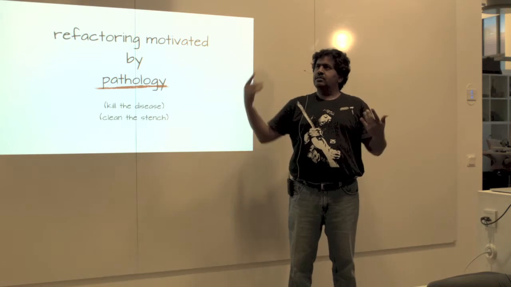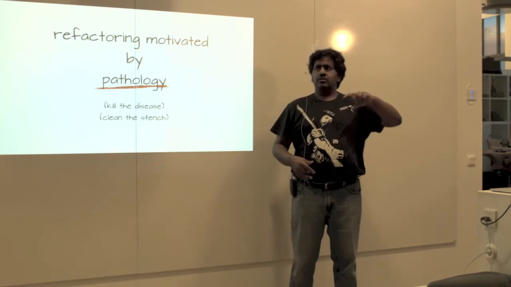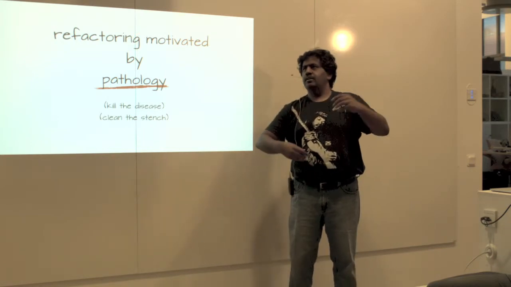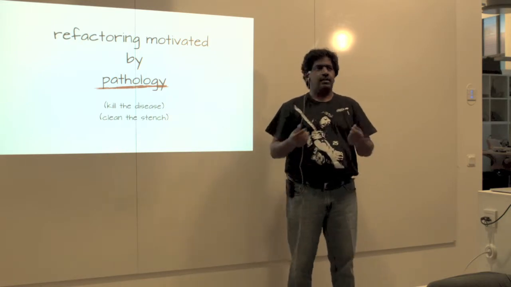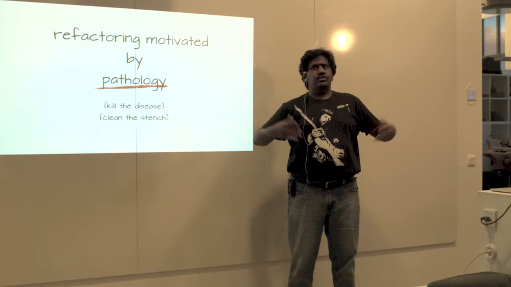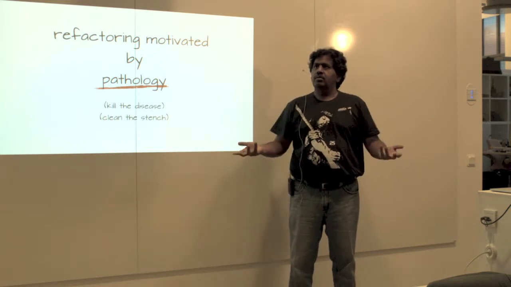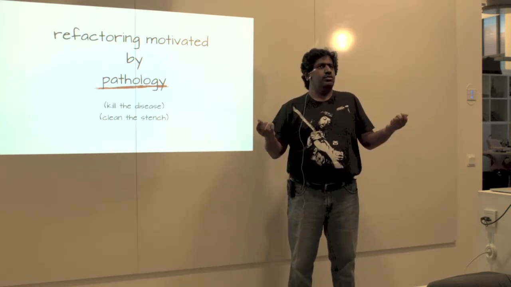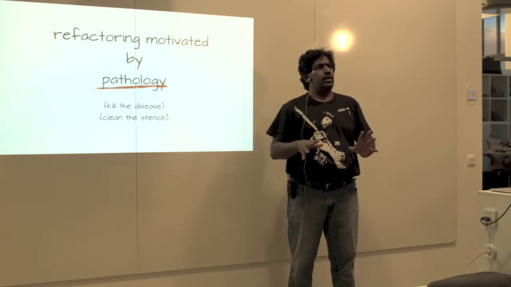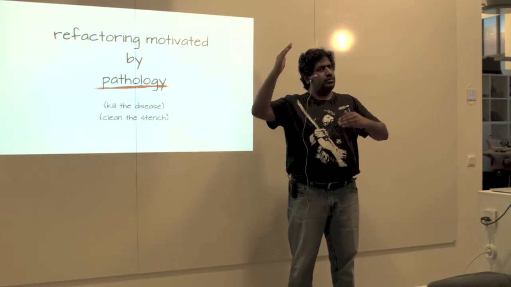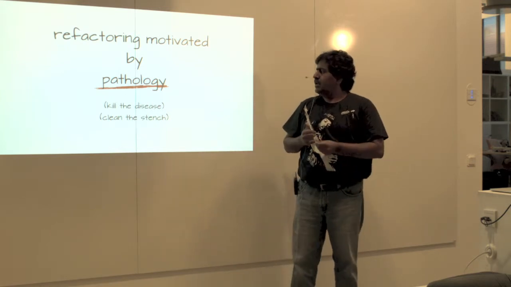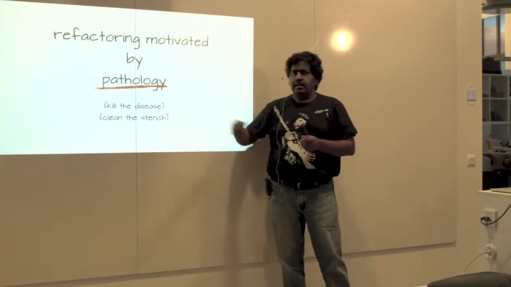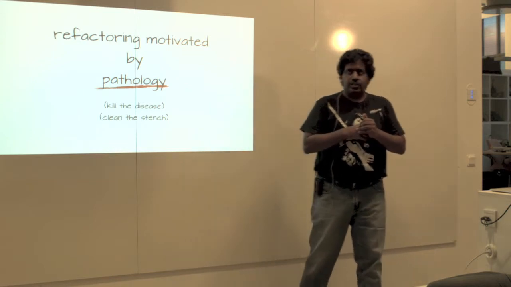Then your IDEs come along, and it's extract method, and it's Control-Alt-F something, and suddenly you can extract variables, extract methods, pull up and push down, and all sorts of stuff, and you just have these recipes for cleaning up your code. It's fantastic because you're like a super whiz kid with your IDE, and your code starts shrinking in size. So the approach there is basically to kill the disease, clean the stench.